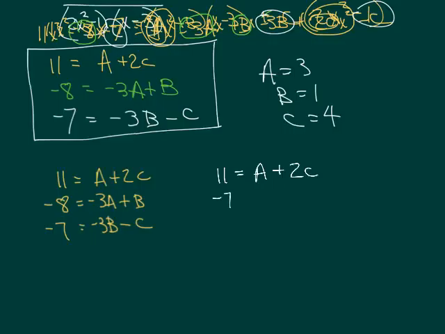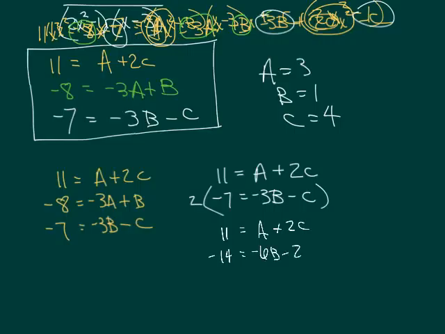And the third one, I didn't realize the book didn't go over this or show you this. Alright, so I'm going to multiply this bottom one here by 2. And I end up with 11 equals, put the first one there again, a plus 2c, and that equals negative 14 equals negative 6b minus 2c.